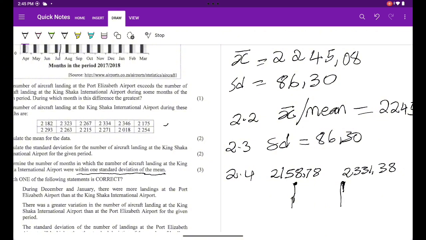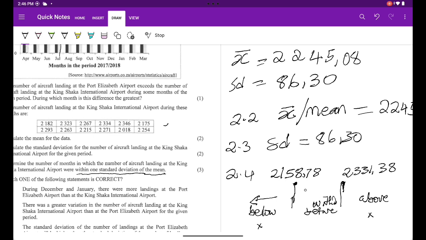So back to the question. They said how many are within. In other words, let's have a background of this. This side is below. Here is our within or between, and this one is above. If they want outside, it means we will add the ones here and the ones there, but now they say within.